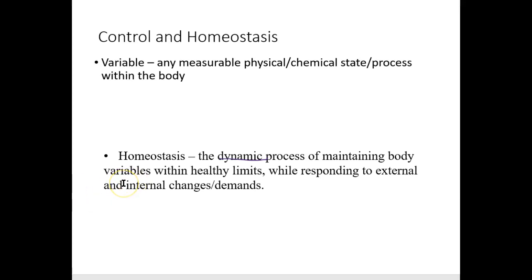And the variables that we consider to be homeostatically controlled are the ones that stay within healthy limits. So these are things like your blood CO2 levels, blood pH, temperature, hydration. All of these things we want to keep in a relatively narrow range. And all the while, as it says here, responding to external and internal changes and demands.